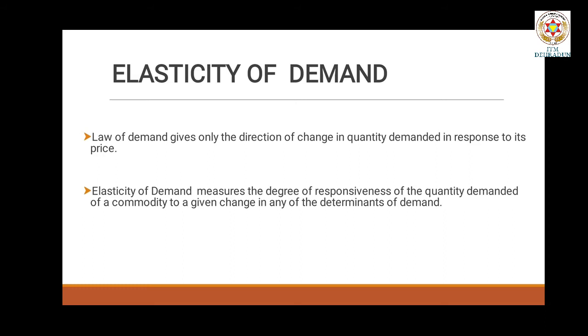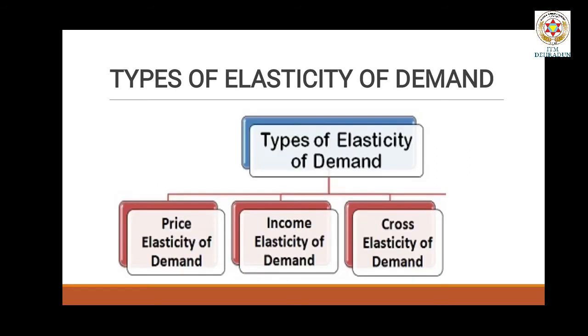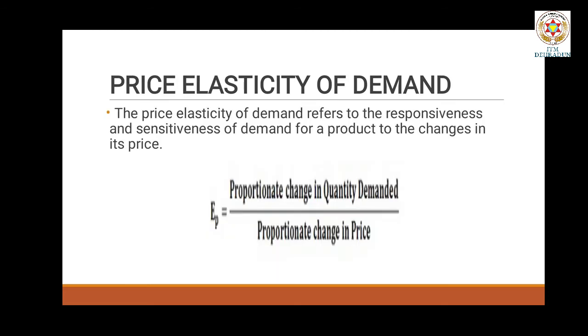So, here we have the three types of elasticity of demand: price elasticity of demand, income elasticity of demand, and cross elasticity of demand. Let's start with the first type, that is price elasticity of demand.